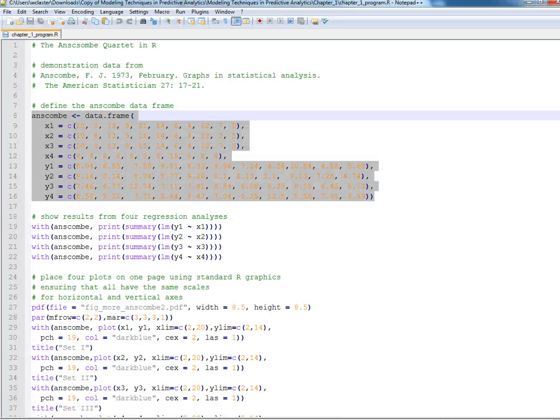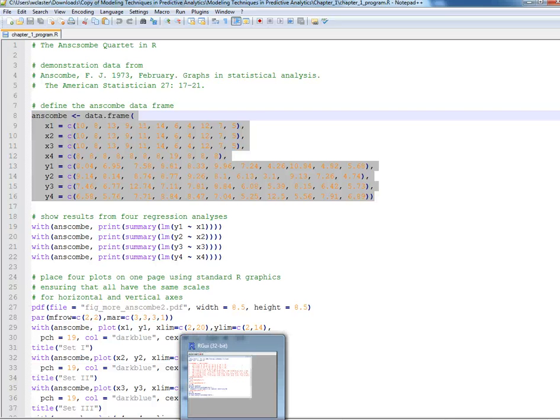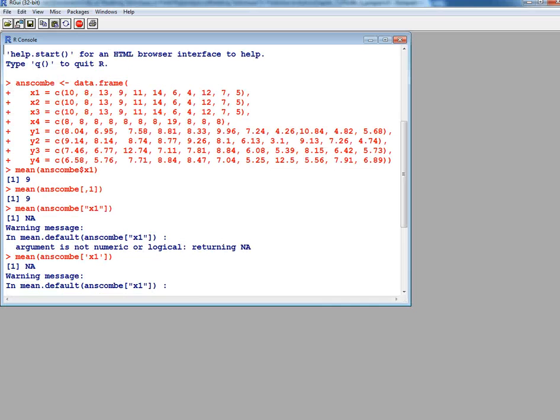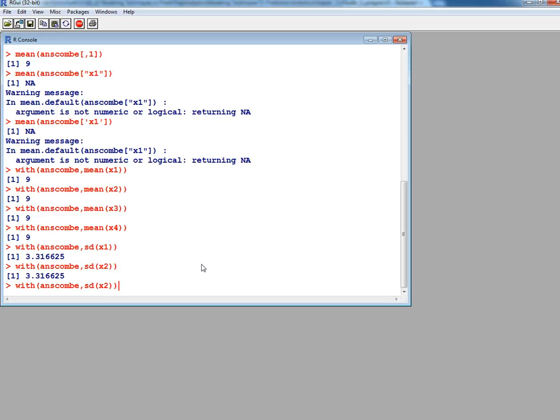Okay, try it with y1, y2, y3, y4. What do you get? Oh, I'm sorry, I was doing the wrong thing. So yeah, try it with y1, y2, y3, y4. So what do you find out? So let's try the mean of the different y's.